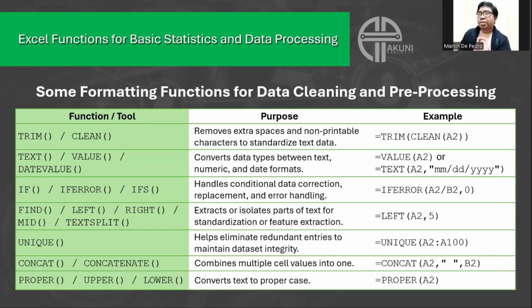These are intended to remove extra spaces and non-printable characters to standardize text data. How do we use that? We simply type equals trim, and then inside there we use another function, clean, and then the cell that you want to trim and clean. As simple as that. And maybe you'll see in our video later how this works.